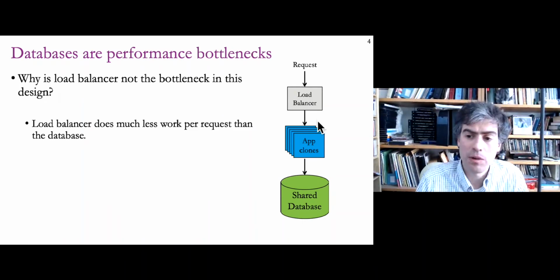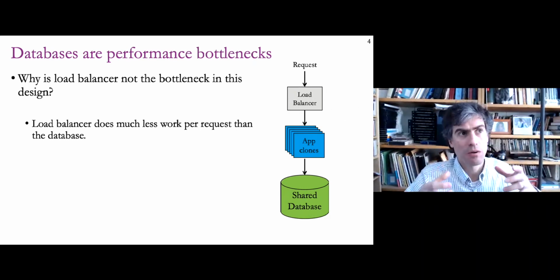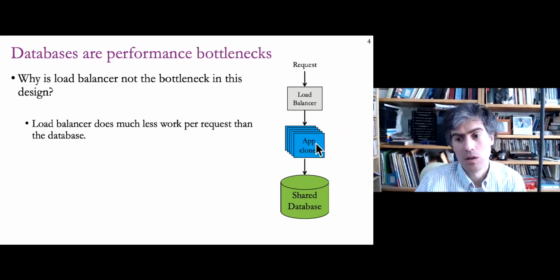First of all, the load balancer does much less work per request than the database. So these both could be implemented on a single machine. But if all the load balancer is doing is reading the request data off of the network and relaying it back off the network to someone else, then the only work it's doing is copying bits in memory, and a lot of that is happening in the CPU caches.